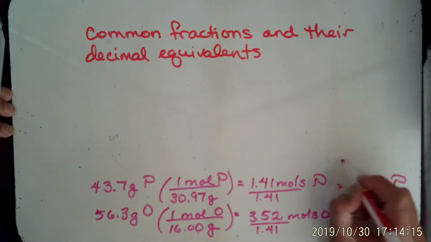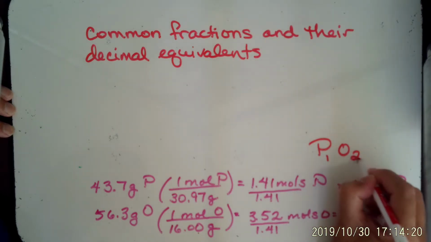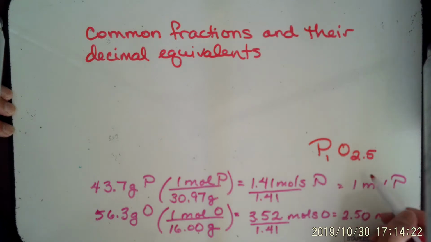And if you take this, you would be writing phosphorus 1, oxygen 2.5. Well, that doesn't make any sense because we can't have half of an oxygen.